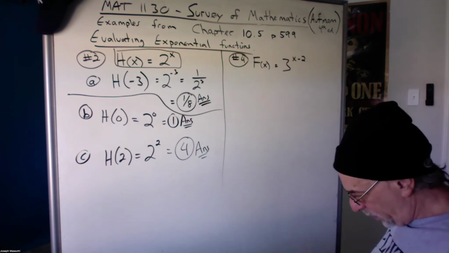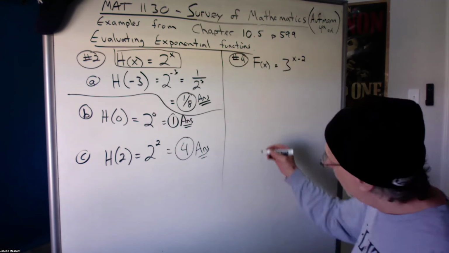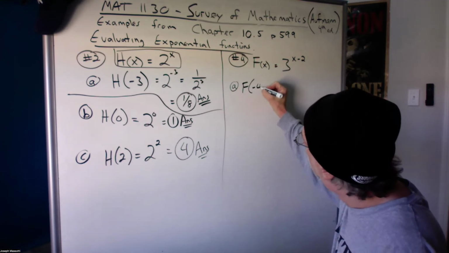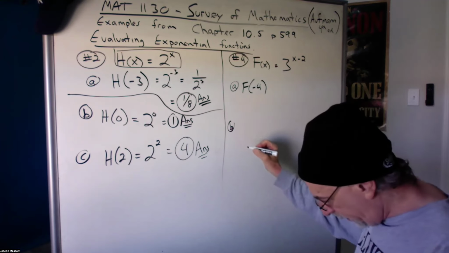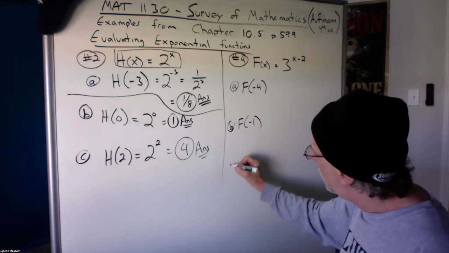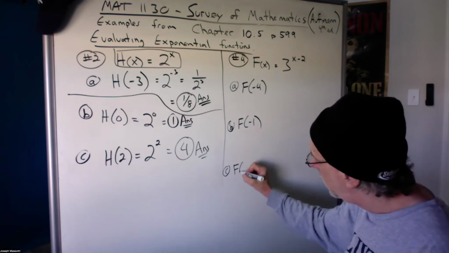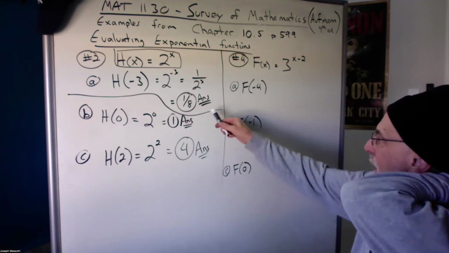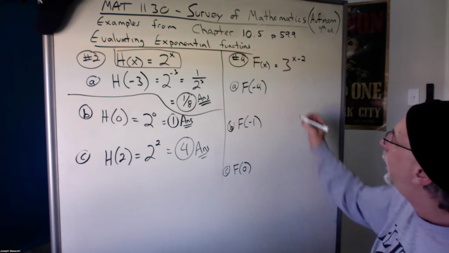Number 4, we are asked to evaluate f of -4. We are asked to evaluate f of -1. And we are asked to evaluate f of 0. So just like we did here, we're plugging -4 in for x.